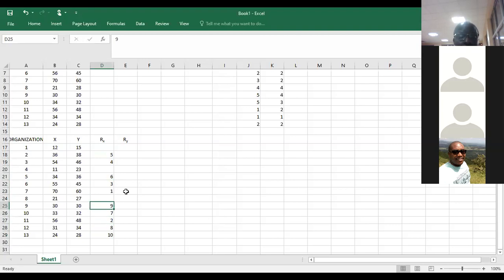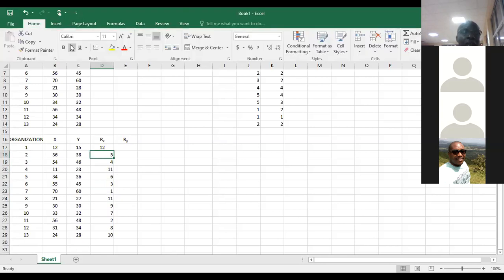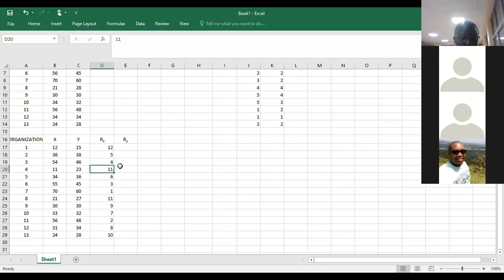Then 21, number 11. Then 12, number 12. Then 11, number 13. Number 13, not 11. Those are the ranks.